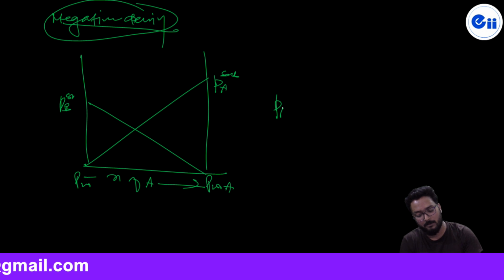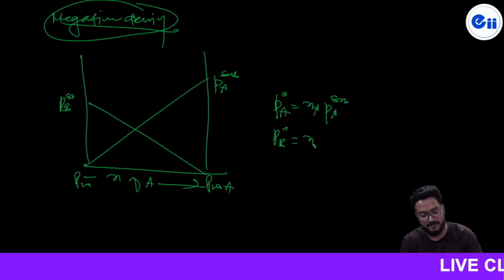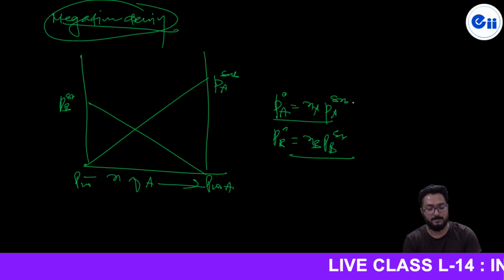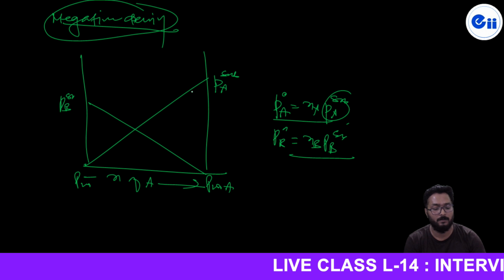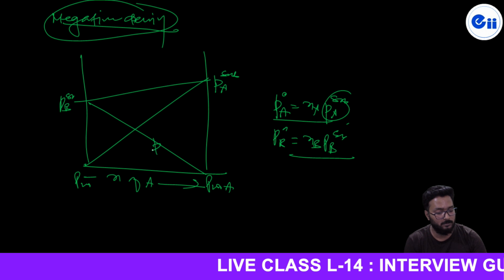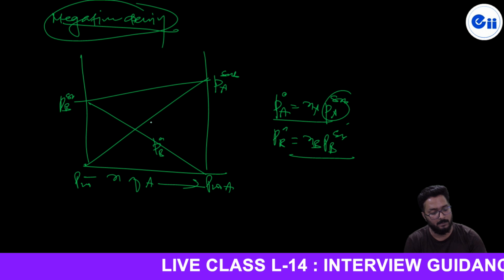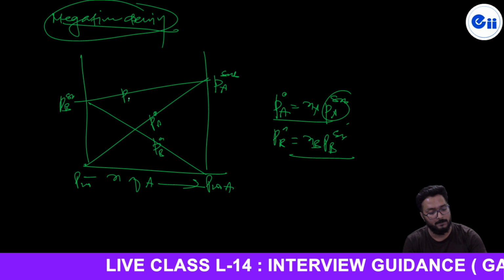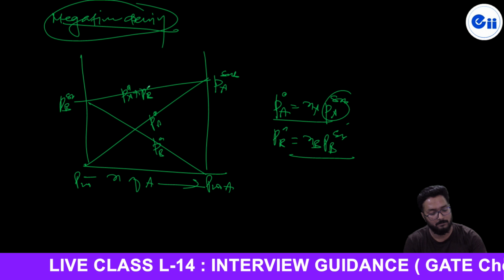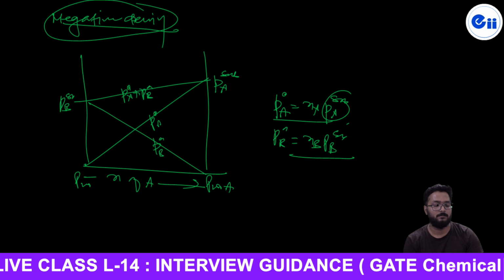From Raoult's law, PA star is equal to xA into PA sat, PB star is equal to xB into PB sat. Since A is more volatile, PA sat will be more than PB sat. And this is your total, and this is your P of B star, P of A star, and it is the summation of PA star plus PB star.